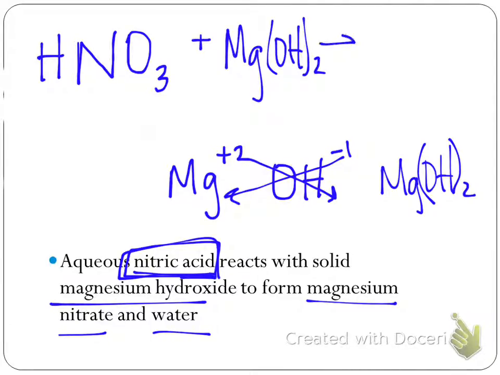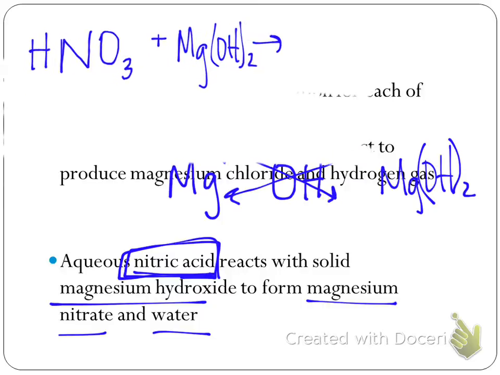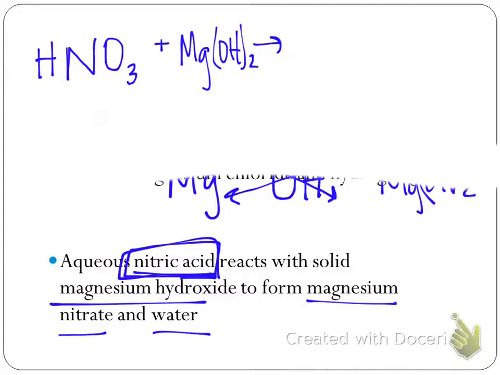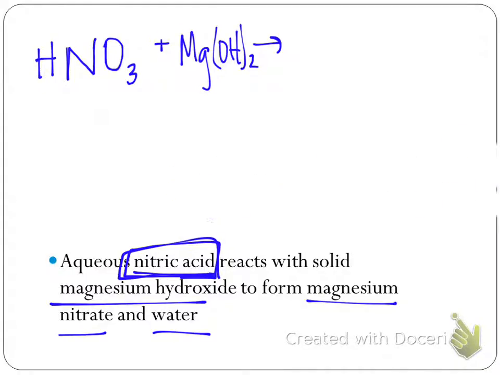Mg(OH)2. It says it forms magnesium nitrate and water. Okay, magnesium nitrate. Let's think about what that looks like. Mg is +2.